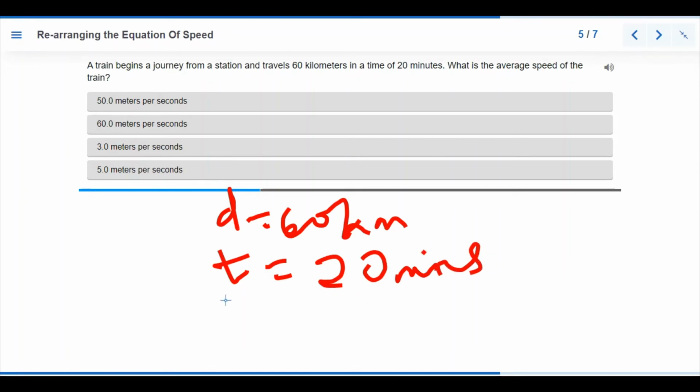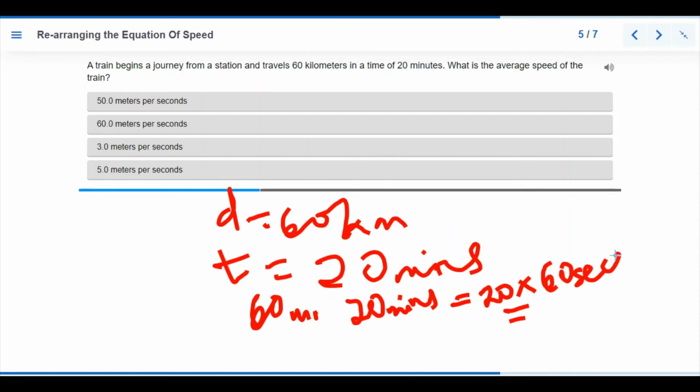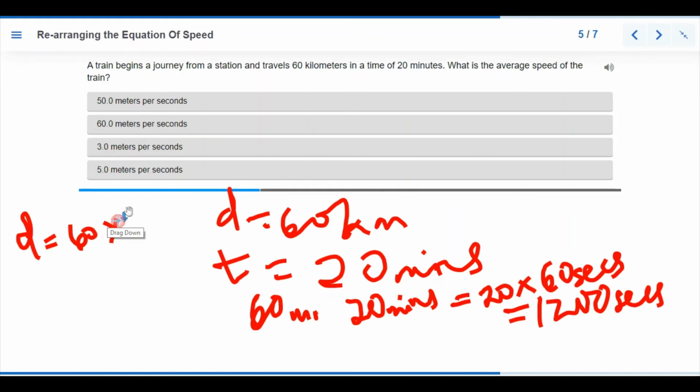Now, we know that 60 minutes is 1 hour, and 20 minutes will be equal to 20 times 60 seconds, and that gives us 1,200 seconds. For the distance to be converted to meters, we have 60 times 1,000 meters, since 1 kilometer is equivalent to 1,000 meters.